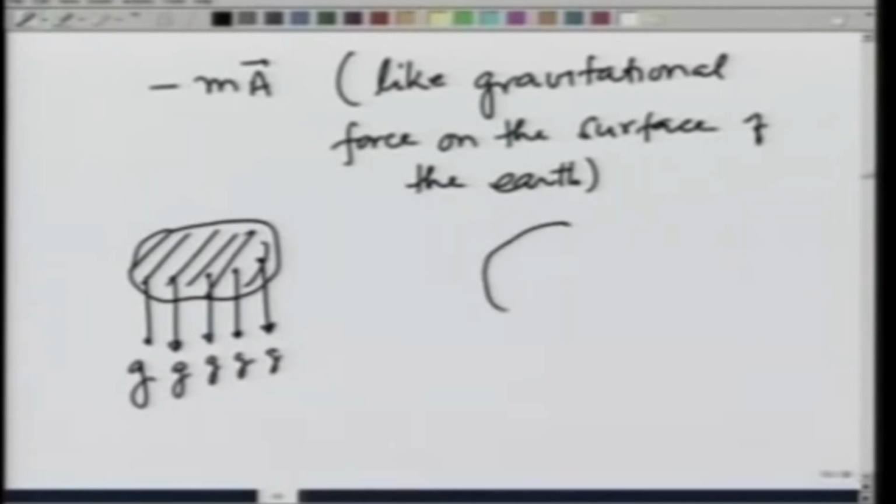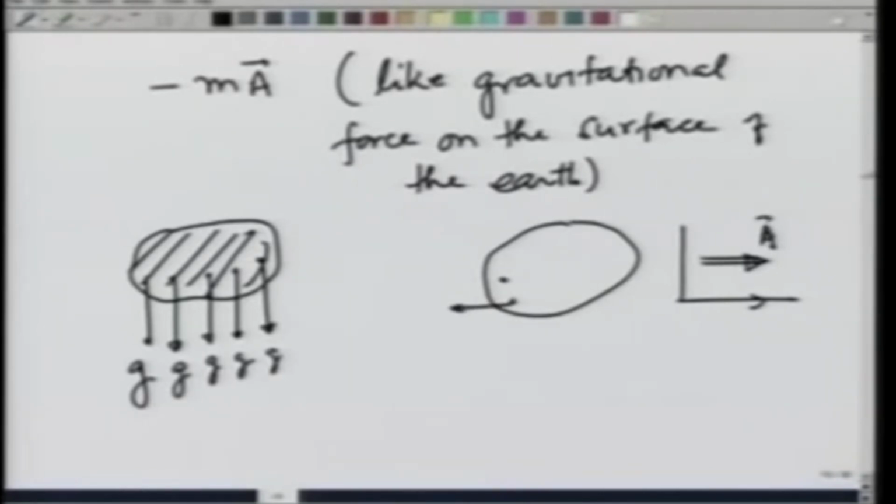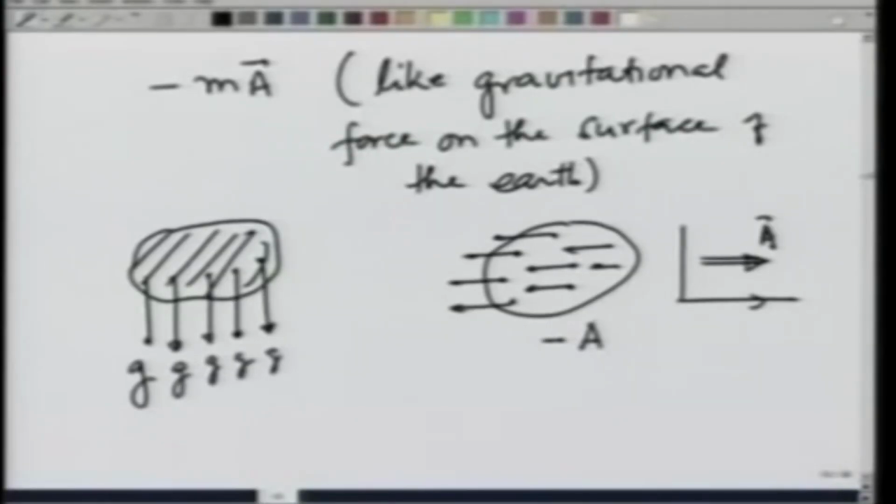Similarly, in this case, if I observe an object from a frame which is moving, say, towards the right with acceleration a, all the parts of this body are accelerating backwards with the same acceleration a. So, it is as if the body is in an effective gravitational field with gravitational acceleration minus a.